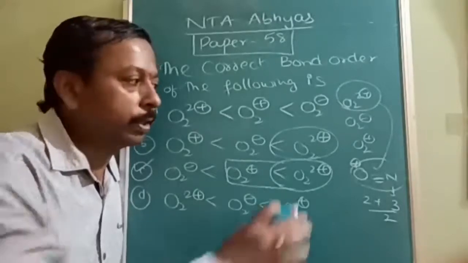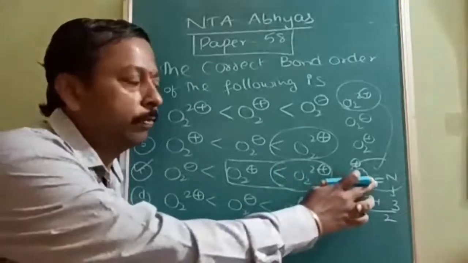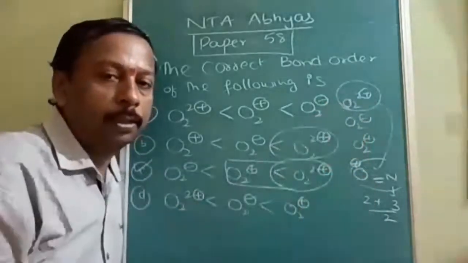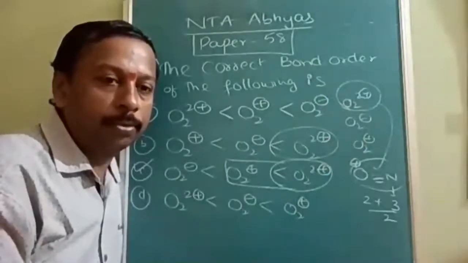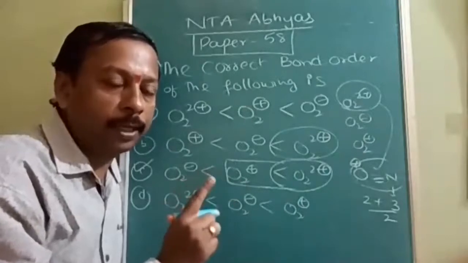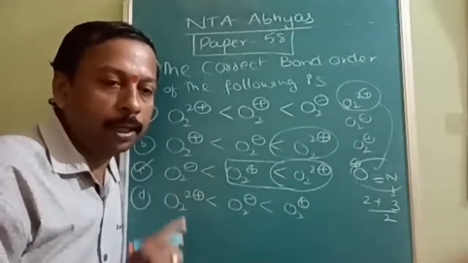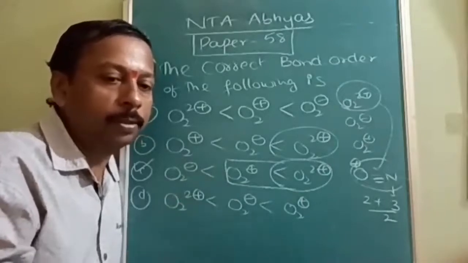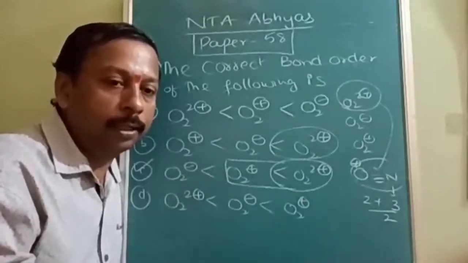Is this shortcut understood? O2 2+ means both are nitrogen. O2 plus means one nitrogen, one oxygen. And O2 minus means one oxygen, one fluorine. So without writing the electronic configuration, we can find the bond order.